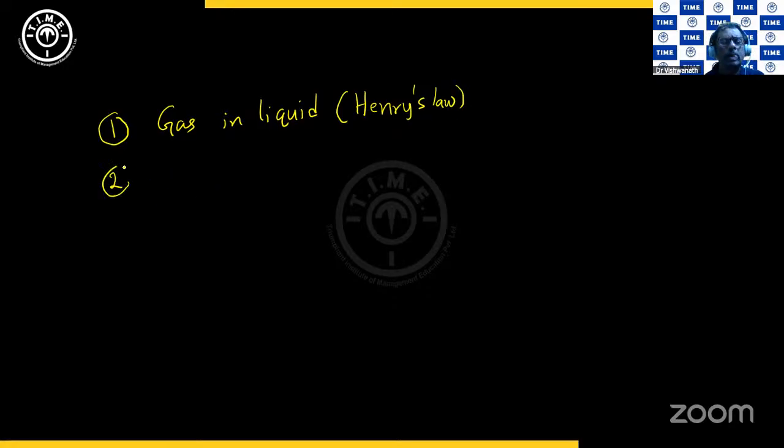Next we said we are going to take up a liquid solution. It's a binary liquid solution. We'll use the word binary here, where only two components are there, where both the solute and the solvent are volatile.